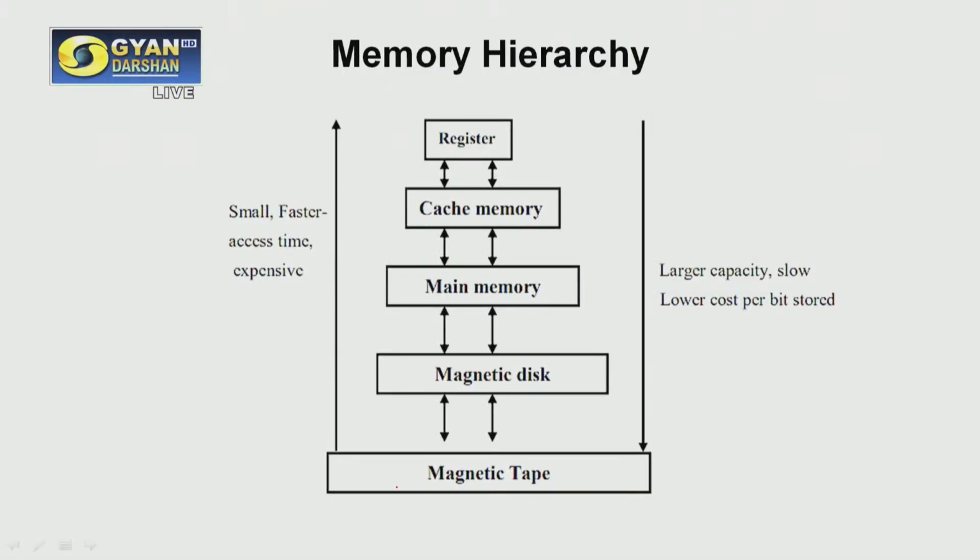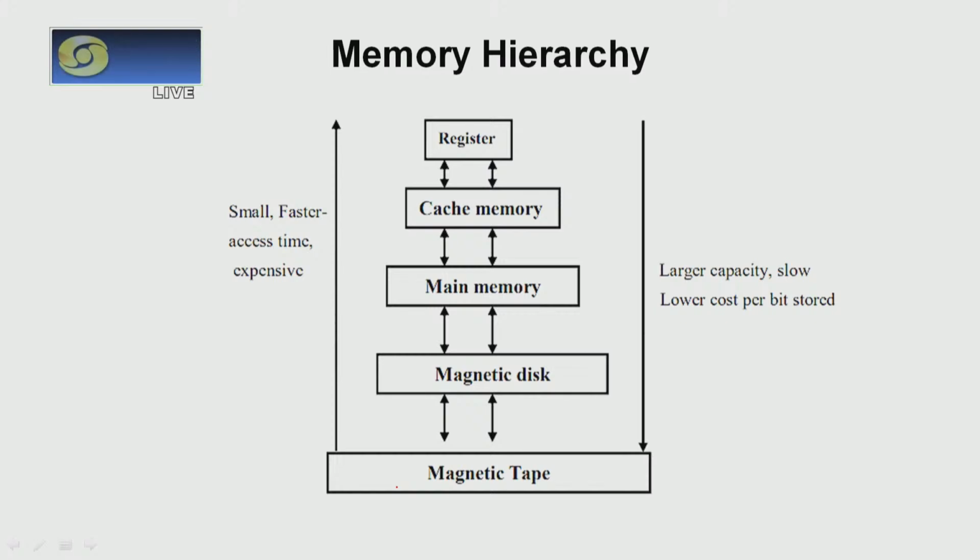As a result, we need a hierarchy of memory, and in the memory hierarchy we have the registers. Registers are the fastest memories, which work in synchronization with the processors. Thereafter we have cache memories, which are slower than the registers, and after cache memories we have the random access memories, or main memories, wherein we learned that RAM and ROMs were there.